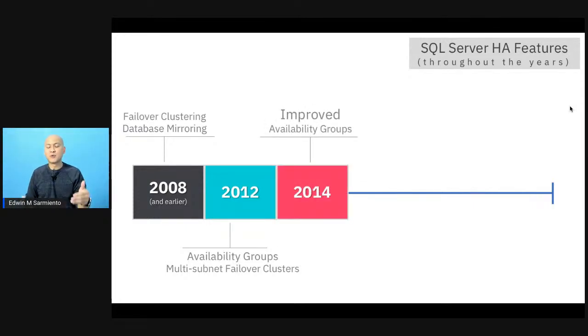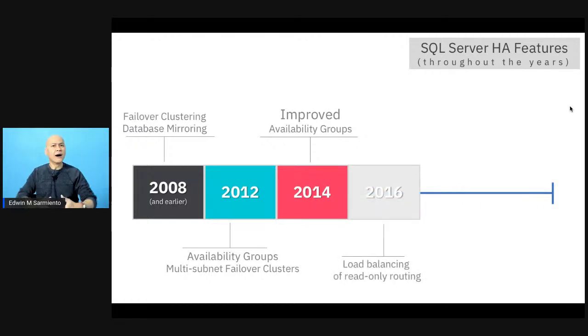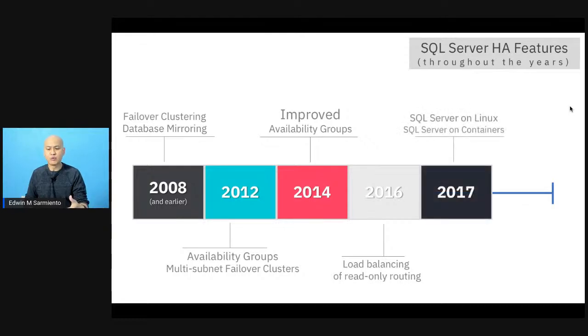Then 2014, where Microsoft improved availability groups, particularly the read-only routing capabilities. Then 2016, another improvement on availability groups, with load balancing of read-only secondaries, rerouting them evenly across all replicas. And then 2017 with SQL Server on Linux, or running SQL Server on Docker containers.